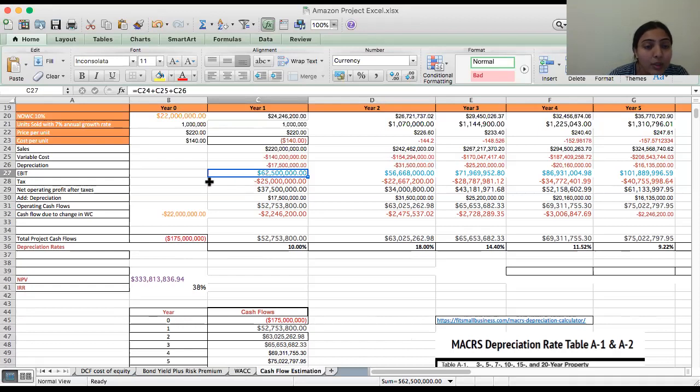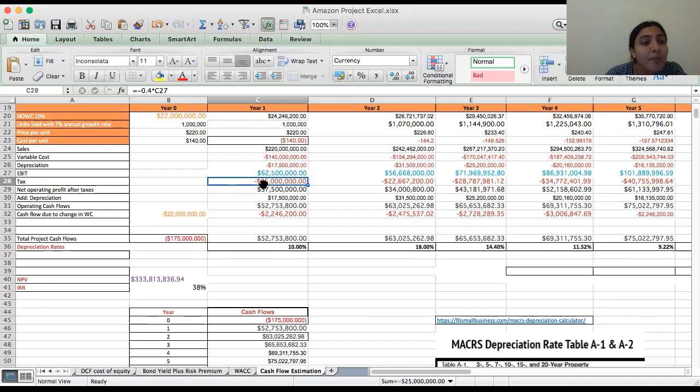And now the tax: in my problem, my tax rate was 40%. So I have to apply my tax rate of 40% to my earnings before interest and tax. Let me show you. 40% applied to the earnings before interest and tax amount, you will get your tax amount. This way I found my tax amount for all the 11 years.